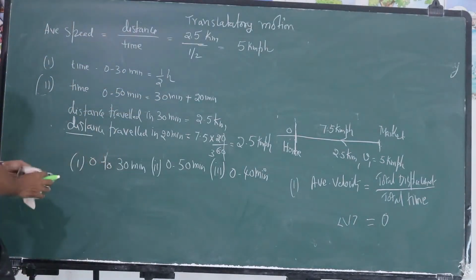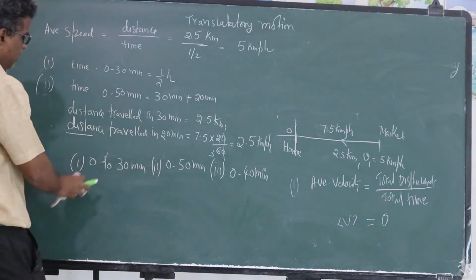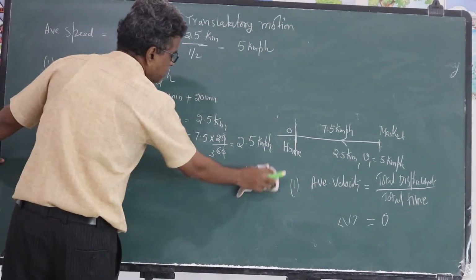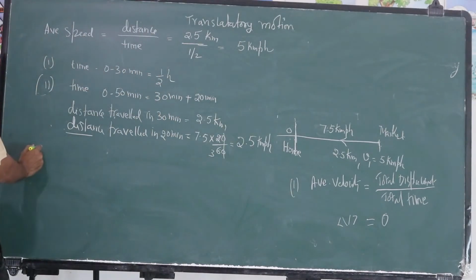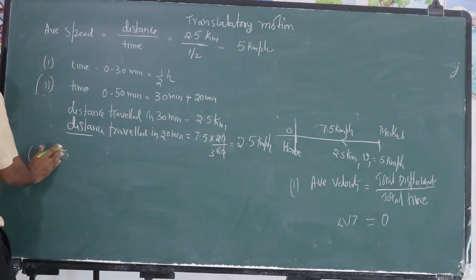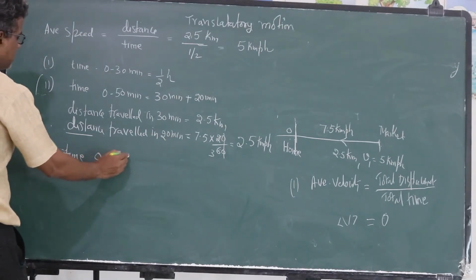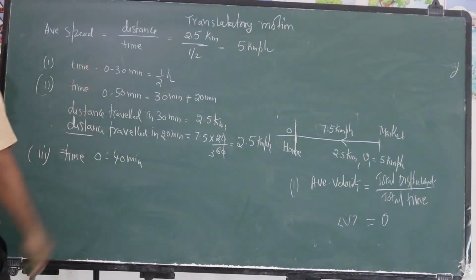Next we want 40 minutes. Third one, during 40 minutes: the time is 0 to 40 minutes, and in this interval we want the average speed.